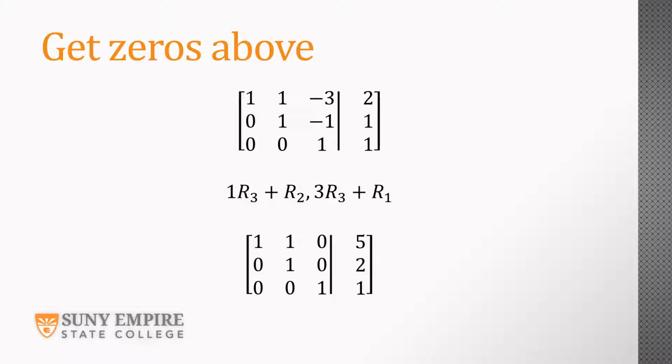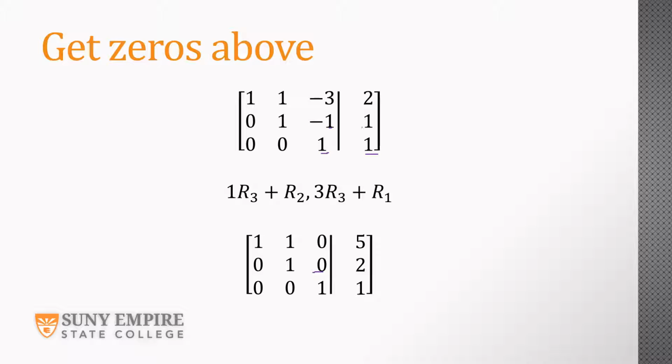Now we will work to fill in the top half of the matrix with zeros above our 1s. We start in the rightmost column. We will use the linear combinations 1 times row 3 plus row 2 and 3 times row 3 plus row 1. We have a lot of zeros going on, so we will focus on the last two columns.